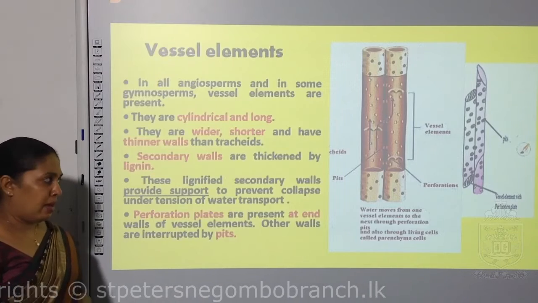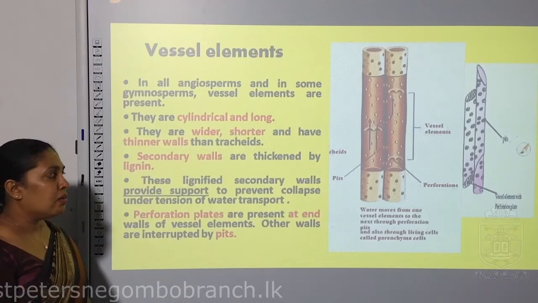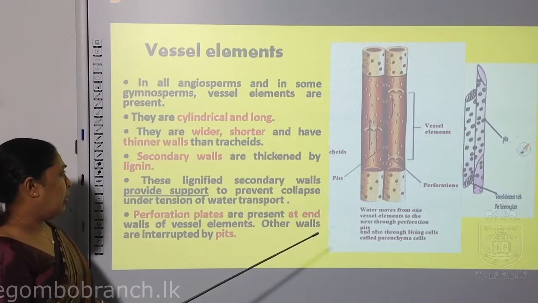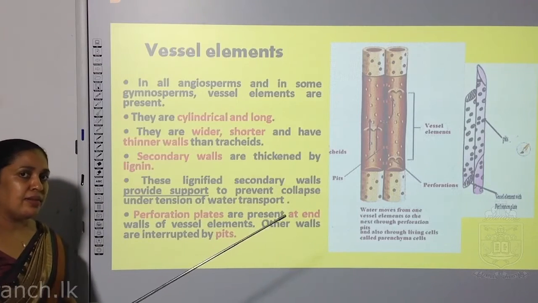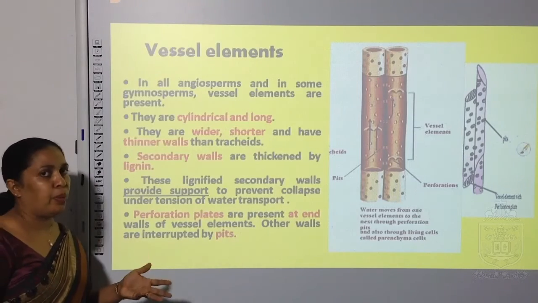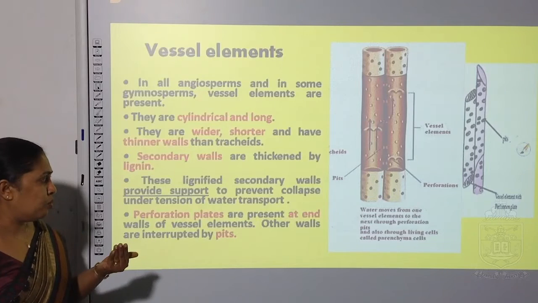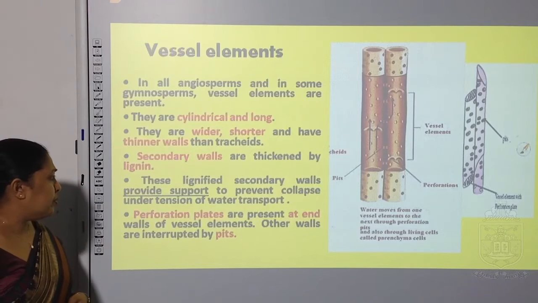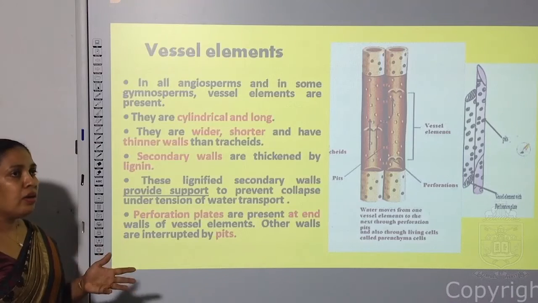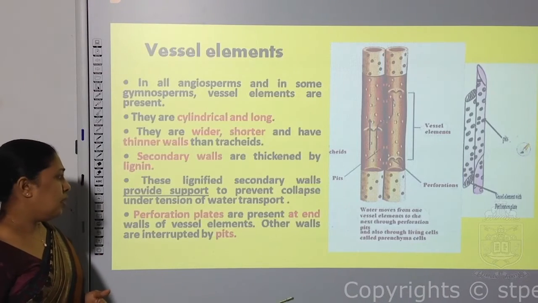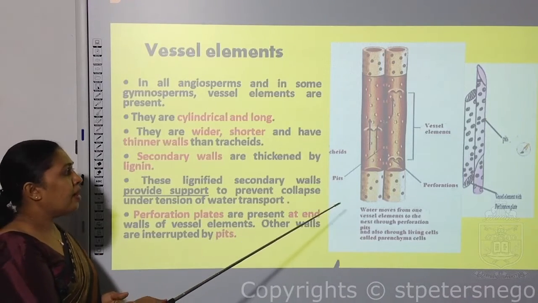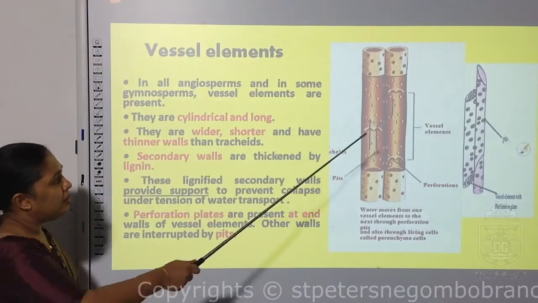The secondary walls are deposited here and thickened by lignin. These lignified secondary walls provide support when the water is transported, to prevent collapse under tension. These cells have perforation plates at the ends.